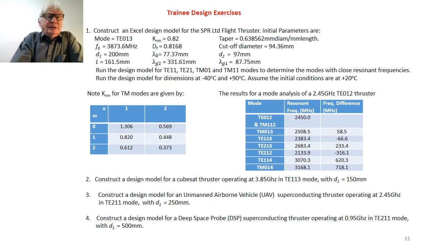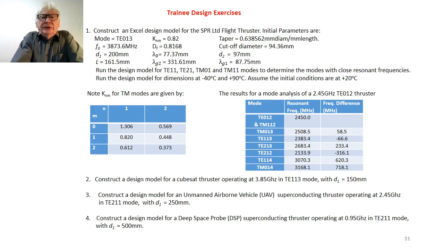Now, to help with this, I've given you the values of KNM for the TM modes, much as you had the values for the TE modes in a previous lecture. So run those for different modes.